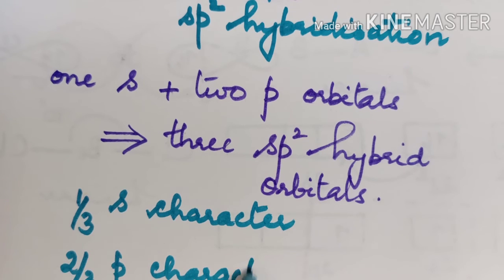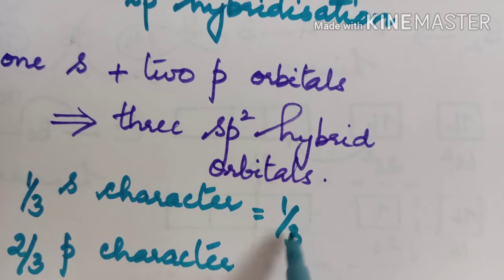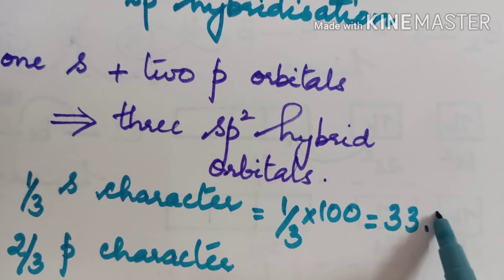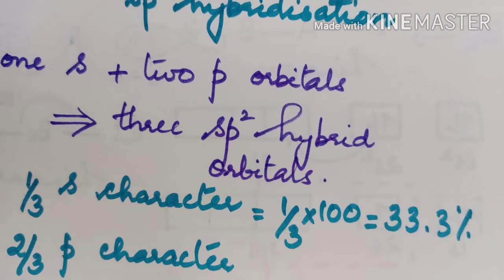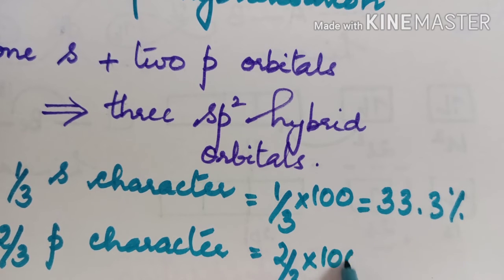So on converting it to percentage, you have 1/3 of 100, that is 33.3% s character, and 2/3 of 100, that is 66.6% p character.